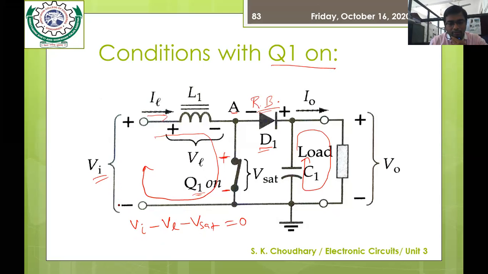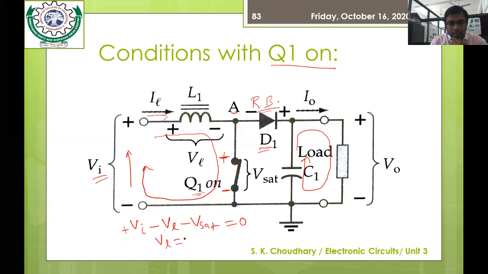If you assume that all rise in potential is considered positive and drop in potential negative, then here you can see VI, you are moving from negative to positive, means it is rise in potential. And when you are moving positive to negative, it means drop in potential. So all drops in potential are indicated by the negative sign, and rise in potential by the positive sign.